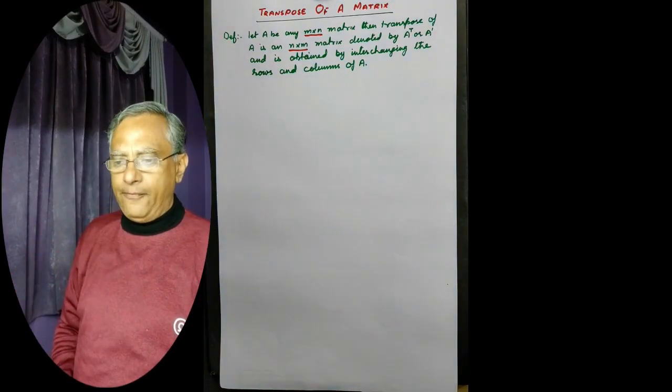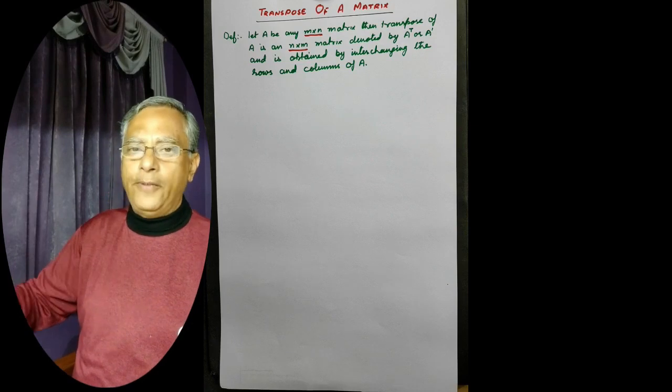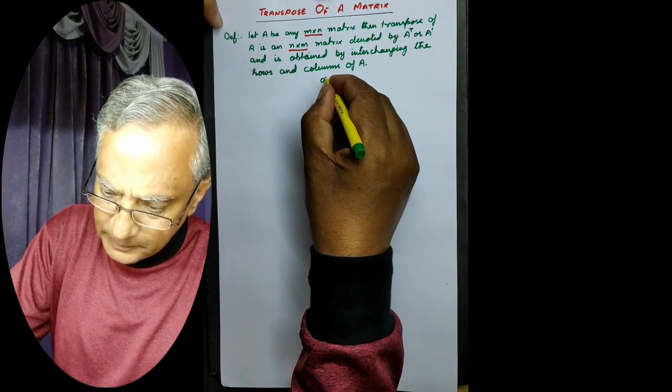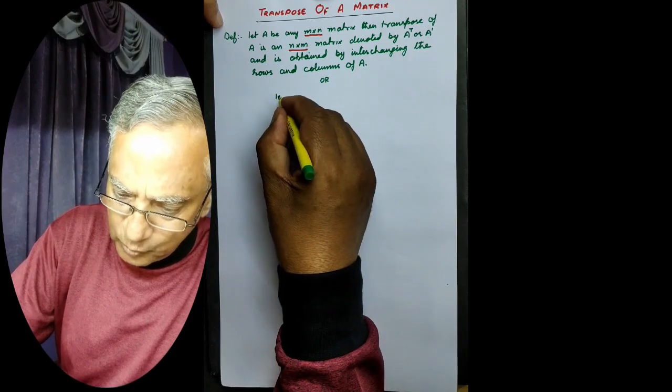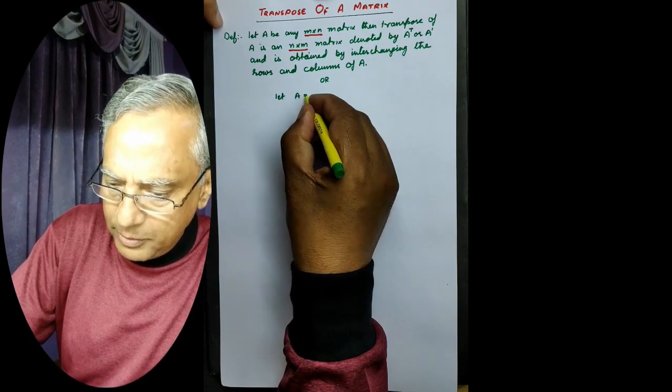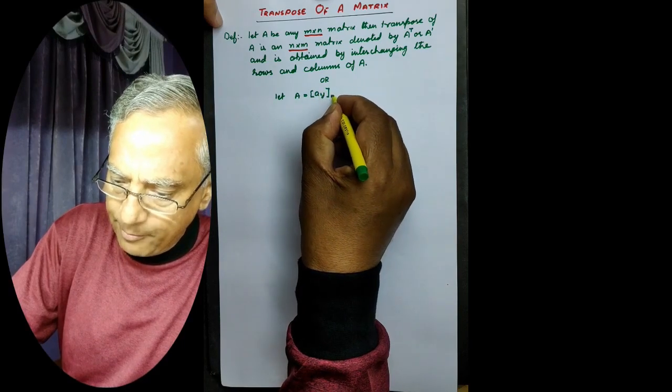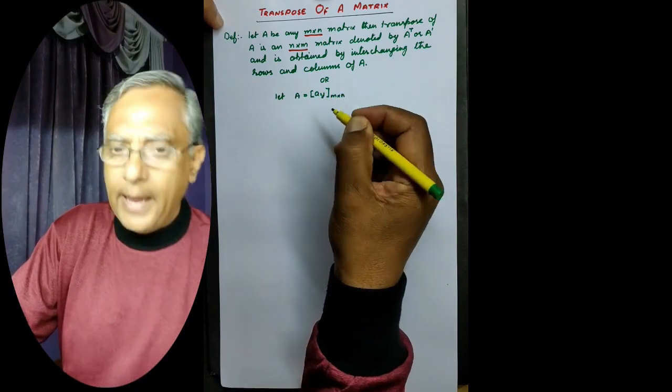Mathematically, we can define the transpose of A as: let A be equal to Aij, m cross n.